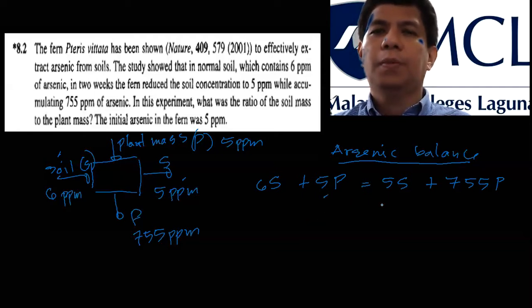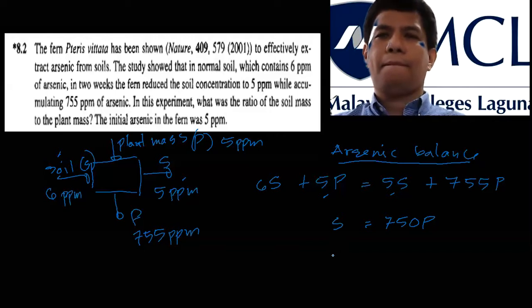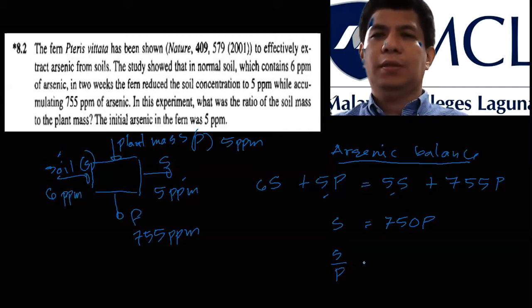Transpose this term to the other side. So we're going to have 750P, and then transpose this term to the other side. We're going to have S. So the ratio of the soil to the plant mass is 750.